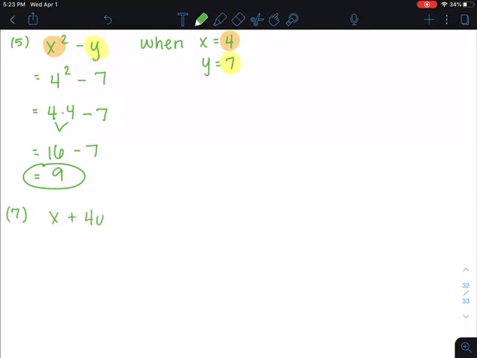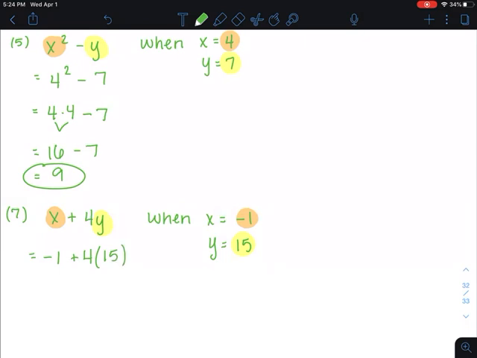Number 7, I have x plus 4y. And again, my directions have changed. It is when x is equal to -1 and y is equal to 15. Every time I see x, I'm going to plug in -1, and every time I see y, I'm going to plug in 15.